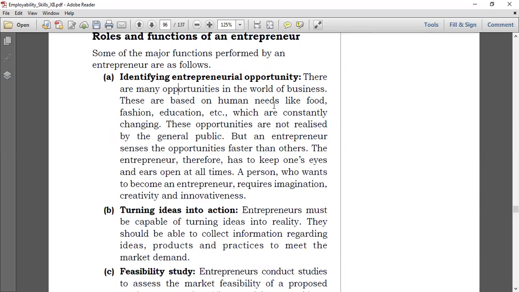These are based on human needs like food, fashion, education, which are constantly changing at regular intervals of time, right? They are not realized by the general public, but an entrepreneur senses the opportunities faster than others. This is the best quality of an entrepreneur, right?